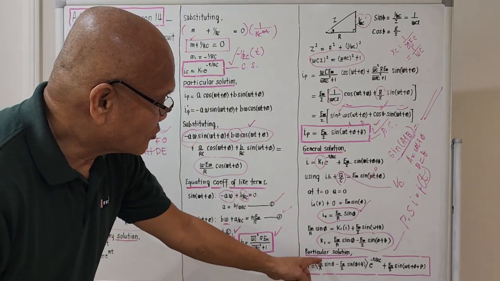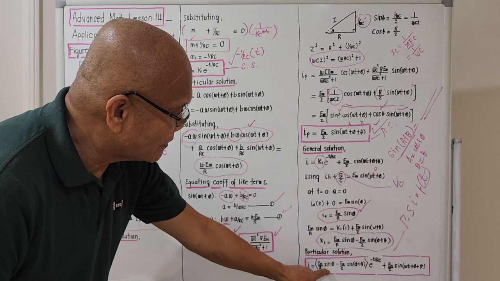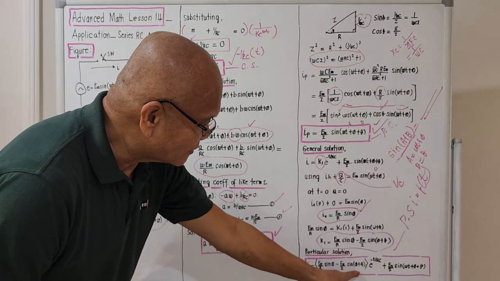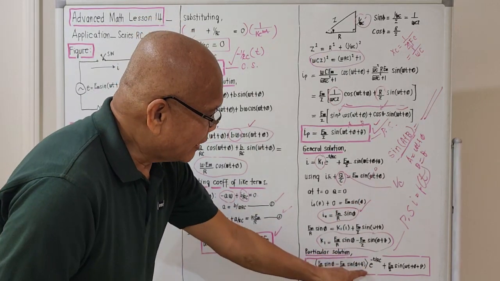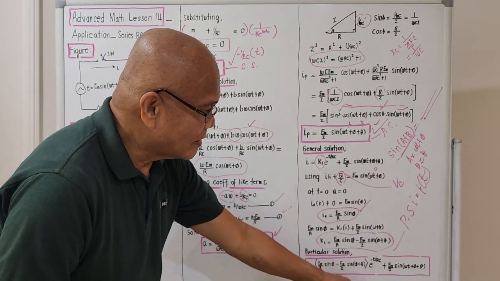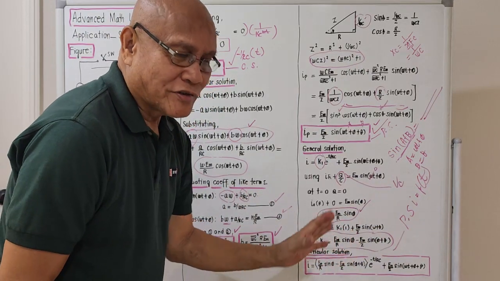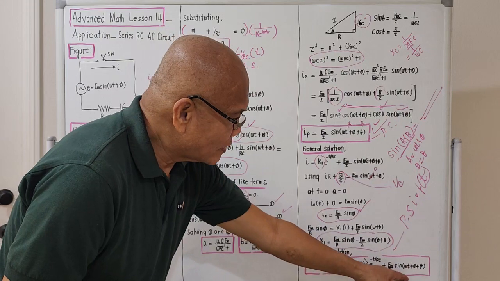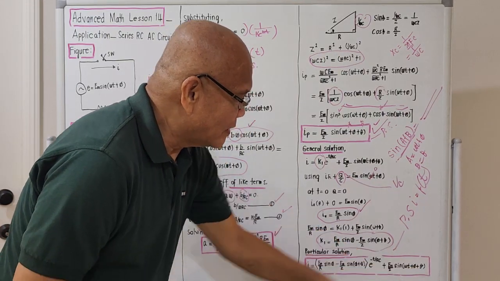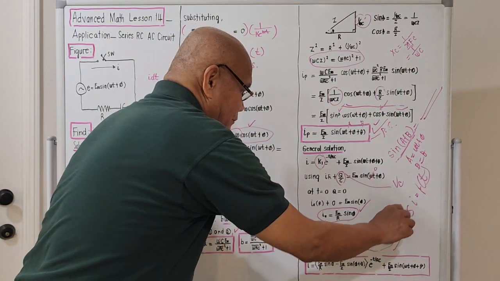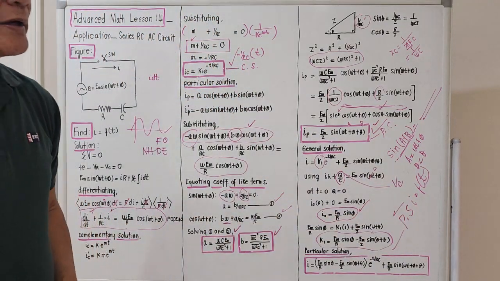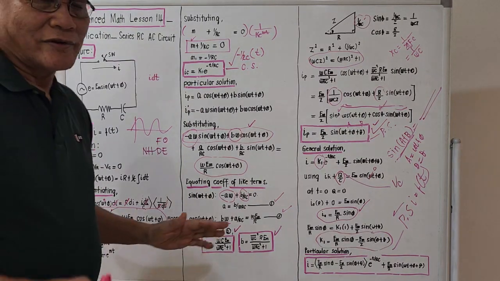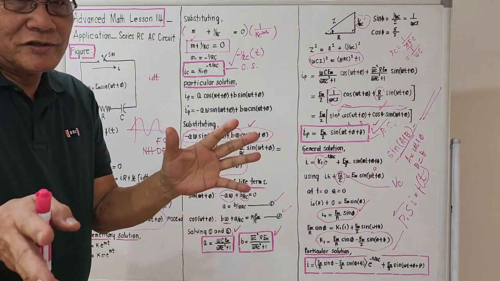I is actually E sub m over R sine of angle P minus E sub m over Z sine of the quantity angle P plus angle theta close bracket times E raised to minus T over RC plus the steady state part E sub m over Z sine of the quantity omega T plus angle P plus angle theta. This is the solution. Okay, for those who are taking advanced mathematics in connection with electrical circuits, this is for you guys.